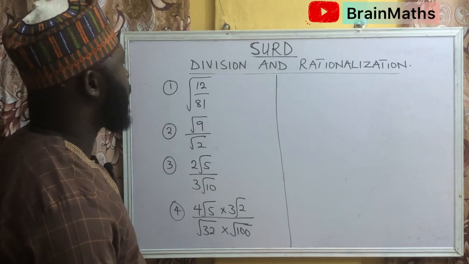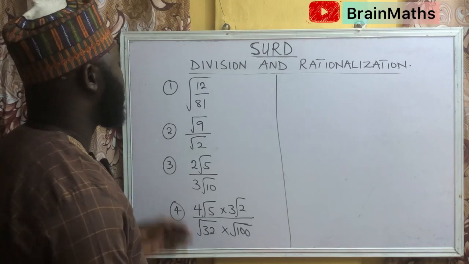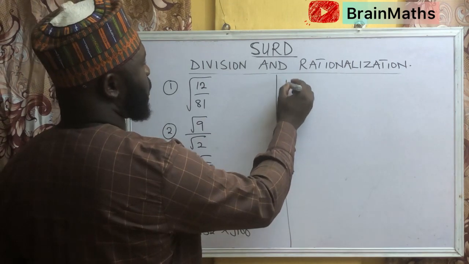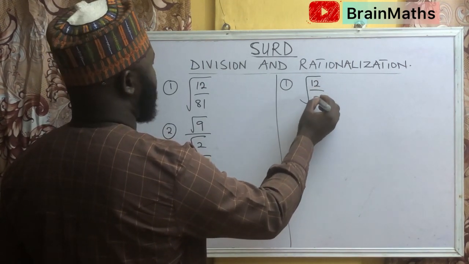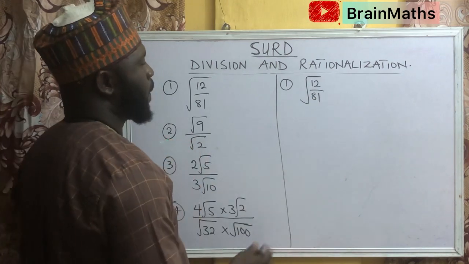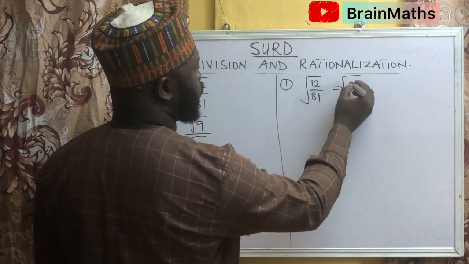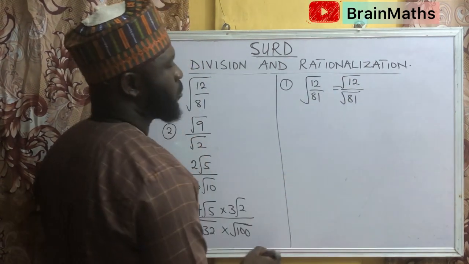Now let's try to apply the third division rule that we just mentioned. The first question says square root of 12 over 81. We can break this into root 12 over root 81.